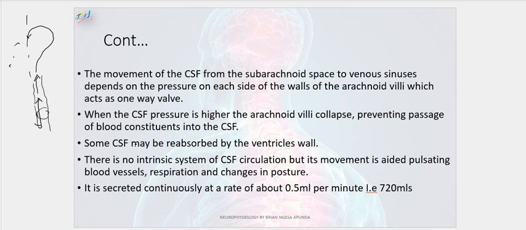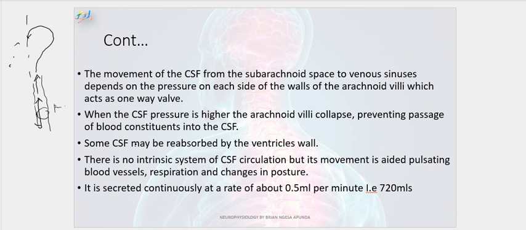And maybe something good to know, in the flow of our cerebral spinal fluid, there's no intrinsic pump like in the blood vessel, where you can have the arteries and also veins relaxing, contracting in attempt to pump the blood. So in this one, there's no intrinsic mechanism. It is actually dependent on some other physical pressures. That is the position of a person, how somebody inspirates and expirates, and how maybe the blood vessels are pulsating.